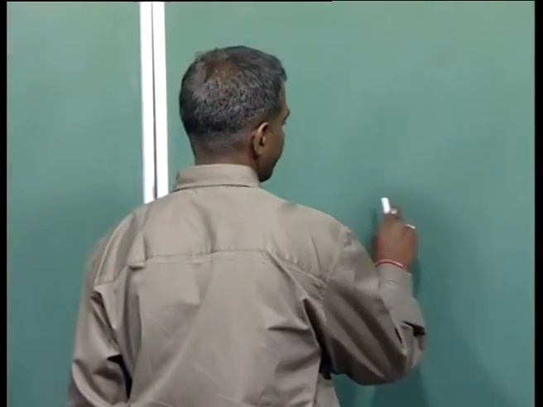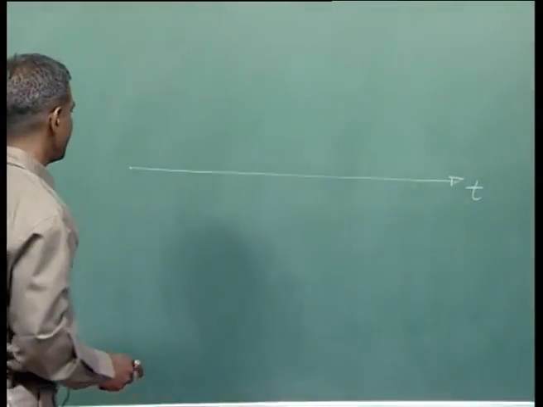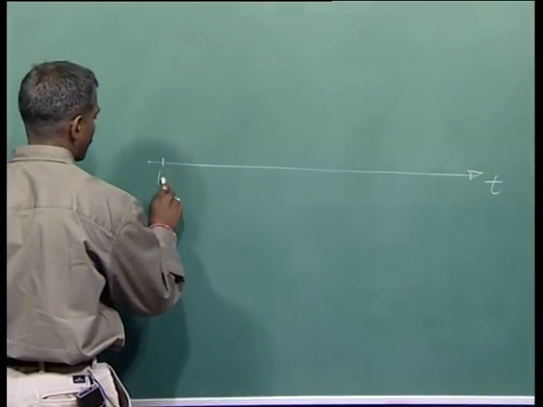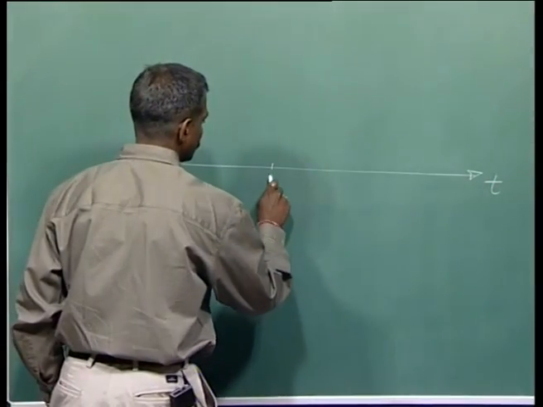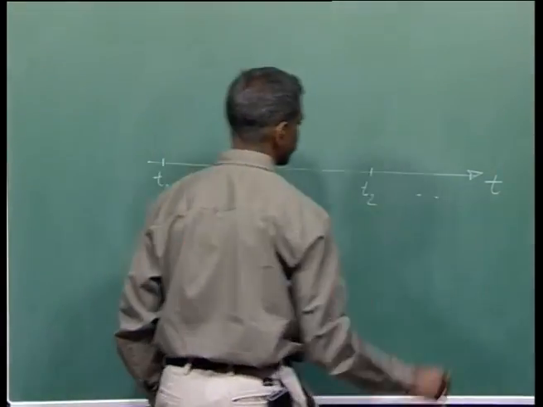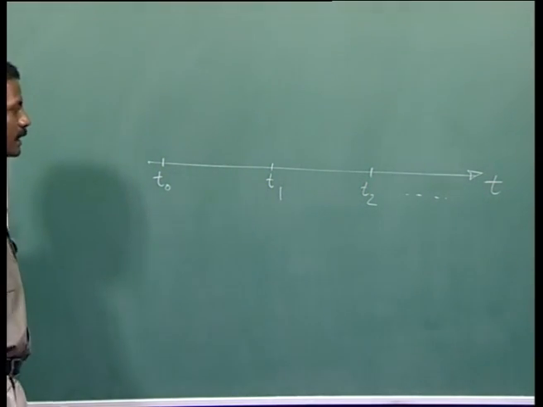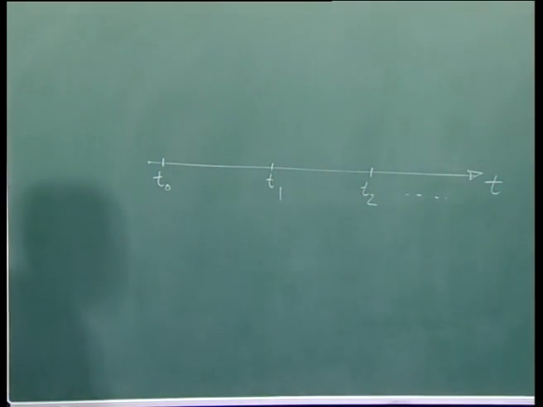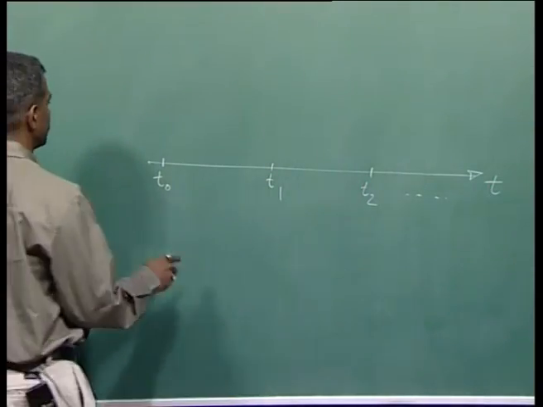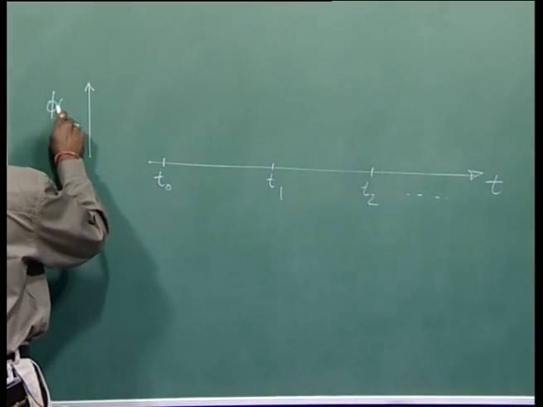Coming back to the board, this is my parameter axis t. I start with parameter values t0, t1, t2, and so on. Of course, I'm interested in constructing a bell-shaped basis function, but let me generalize this discussion here. This is my phi axis.